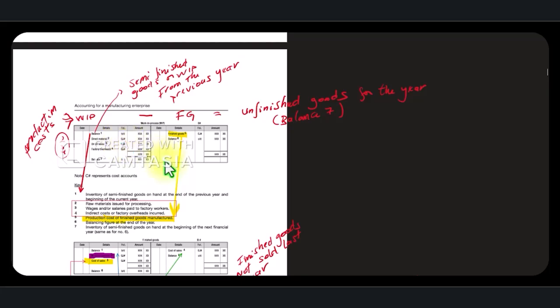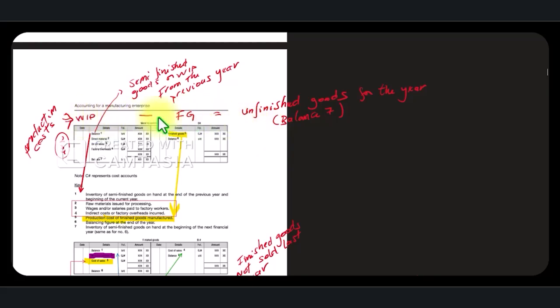Okay, so if you look at the balance here, obviously the work in process, and that's why these annotations are very important for you to remember and to bring your attention. So please always look at these annotations as being very important. Look at the work in process. If you take the work in process minus the finished good, you get what is unfinished good for the year, right?